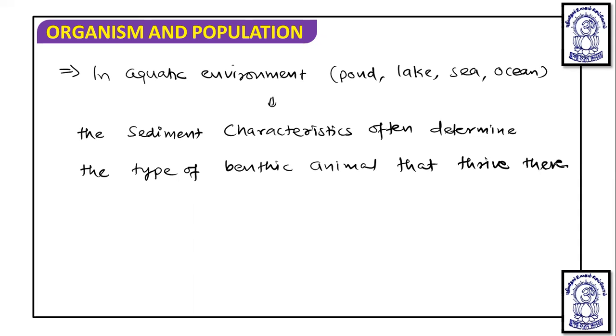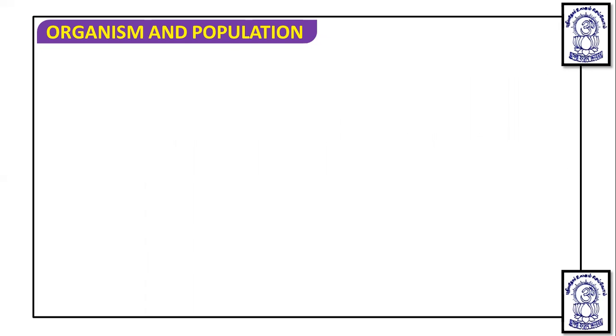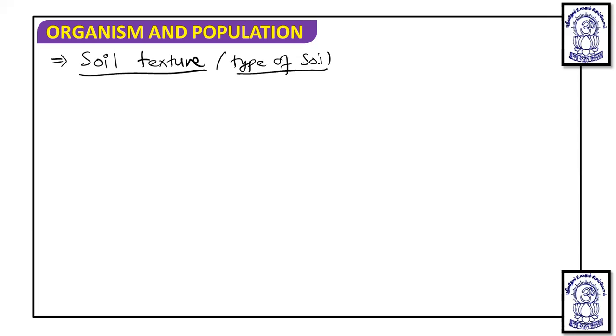Okay, so that is particularly how pedogenesis and soil formation occur. Now we are going to talk about the types of soil, or we can say soil texture. Soil texture means the different types of soil based on their composition.